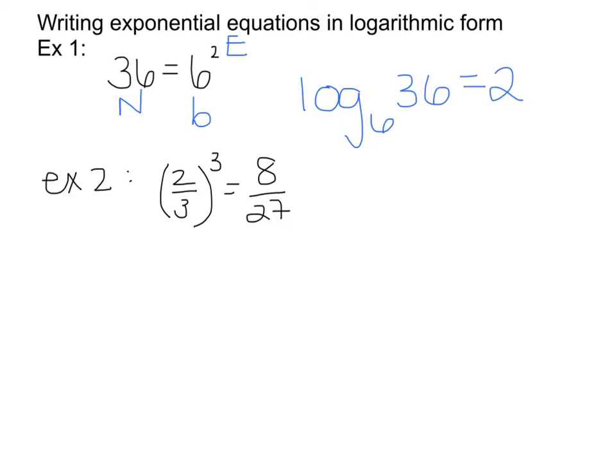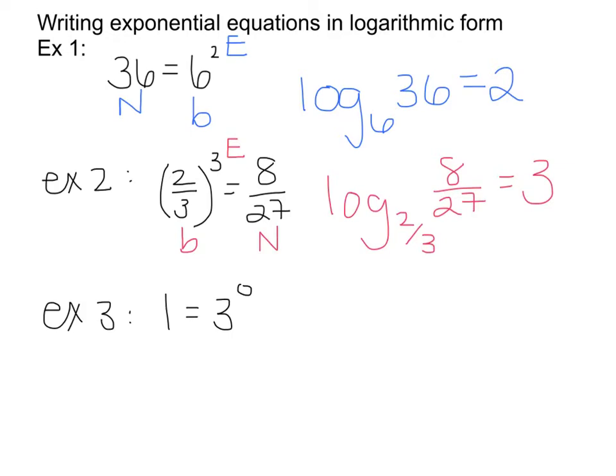Our second example has 2/3 to the third power equals 8/27. It doesn't matter that we have fractions this time. So 2/3 is my base because it has 3 as the exponent, which makes 8/27 my number. So we write the log base 2/3 of 8/27 equals 3.